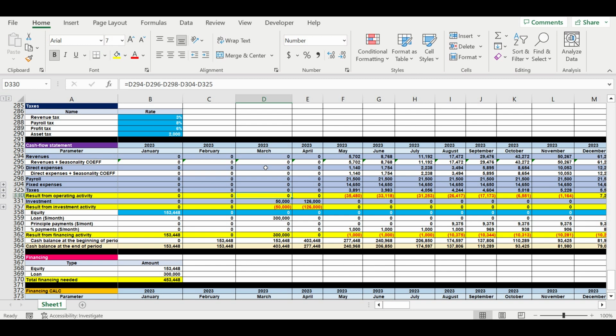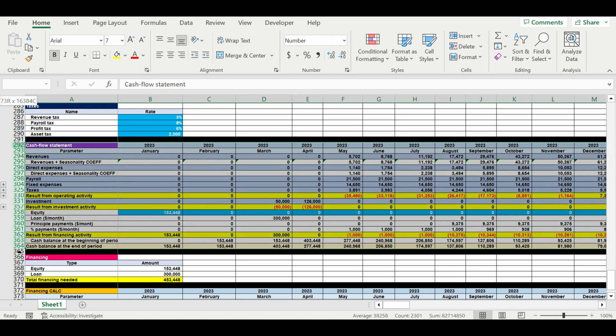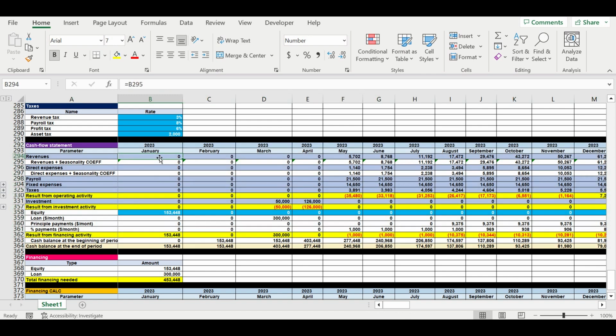And today I will be showing you step by step how you can calculate the payback period of your business idea in months. So first of all, what is essential to have during payback period calculations? You have to create the cash flow statement. You need to have all your revenues in, all your expenses, all your investments in. So this is step one.